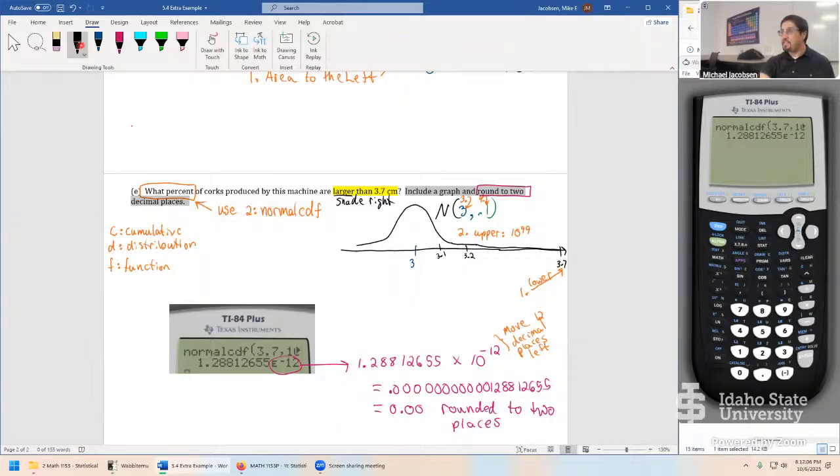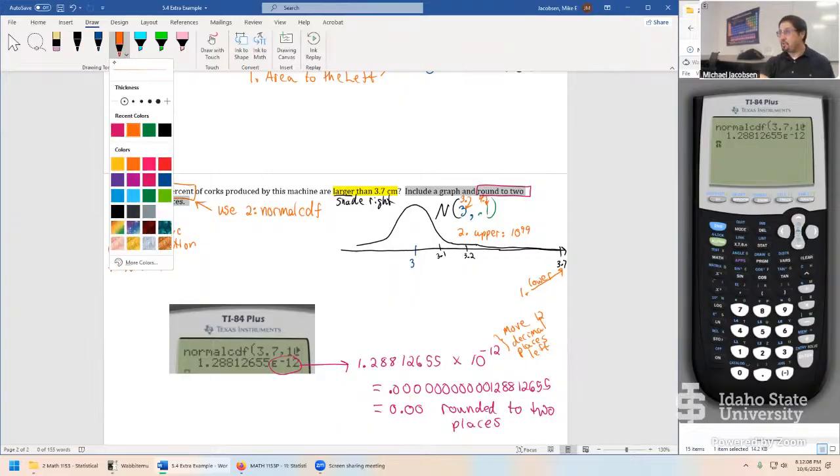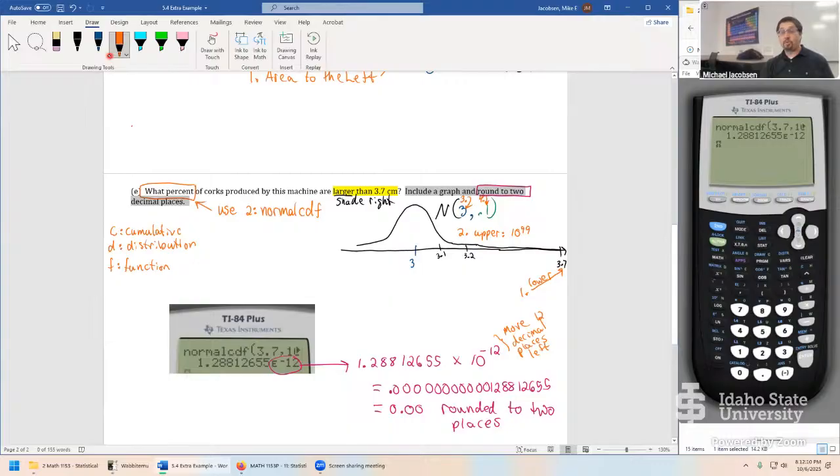The punchline to all of this is, if this happens in the homework, and I believe there's at least one question where it does, the big takeaway is, if you have E power really large negative value and you're rounding to 2 decimal places, the answer is automatically 0.00.